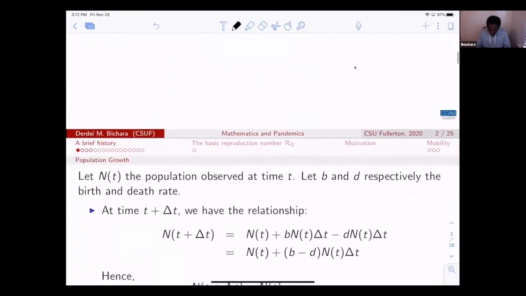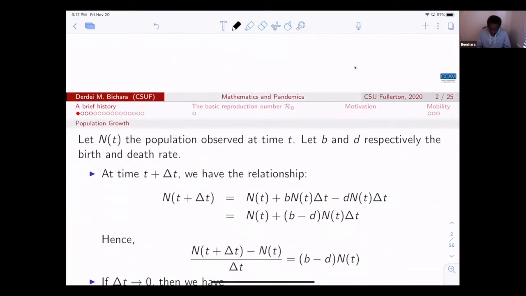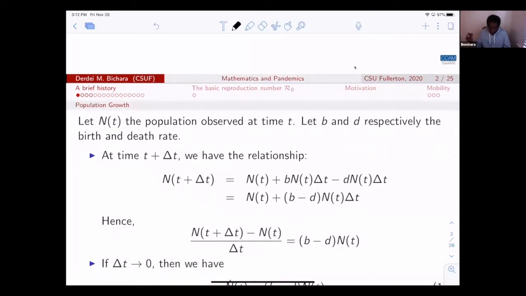One of the early models in biology in general, or in population dynamics, is how a population evolves over time. Suppose that we have N of t, a population at time t, and suppose that we have B and D as birth rate and death rate.